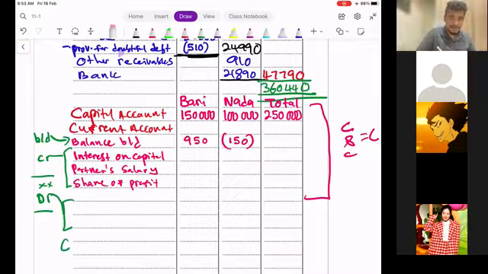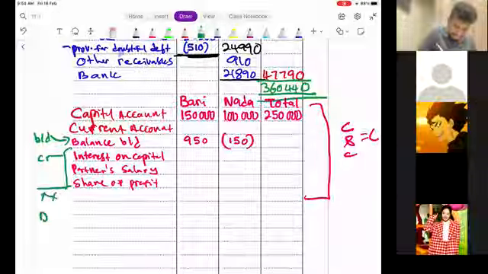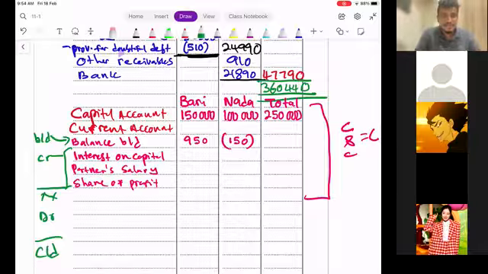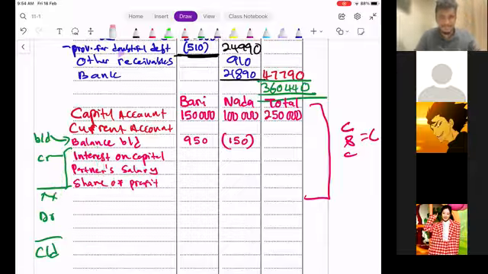Understand now? Then debit item, then we have a balance c/d like that. No need for plus or minus here. You don't need to put minus or plus. Just put the numbers on it.